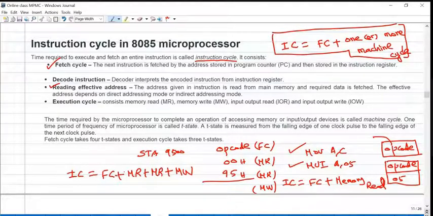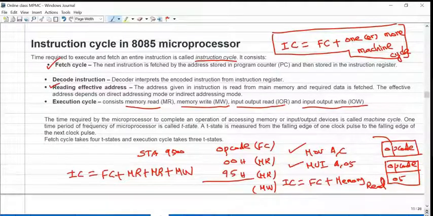Please remember, to execute one instruction the microprocessor involves one opcode fetch cycle plus more than one machine cycle. In general, this is called a machine cycle. This machine cycle represents whether memory read or memory write or input output read or input output write.